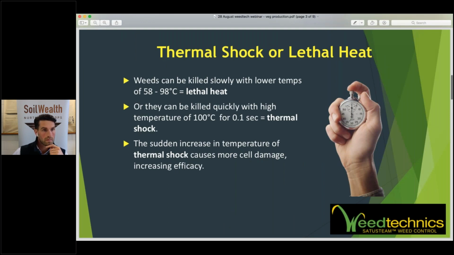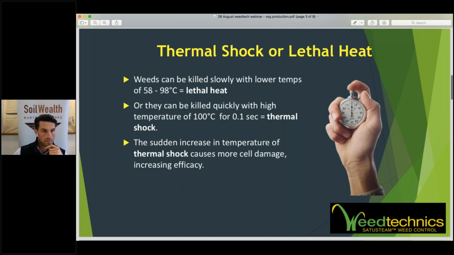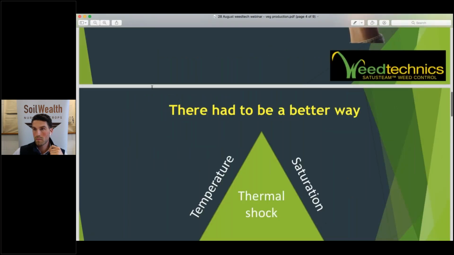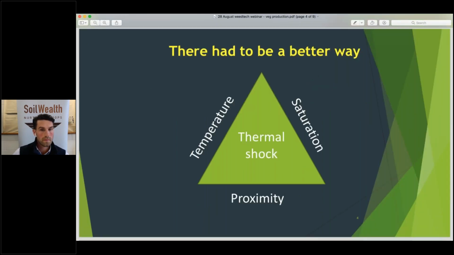So if you can move to the fourth slide, as part of this, what we called that mixture of saturated steam and boiling water was Satusteam, because it really describes the unique nature of the nozzle system and the process of how we create the Satusteam, which is the liquid that's applied to the weed to explode it.